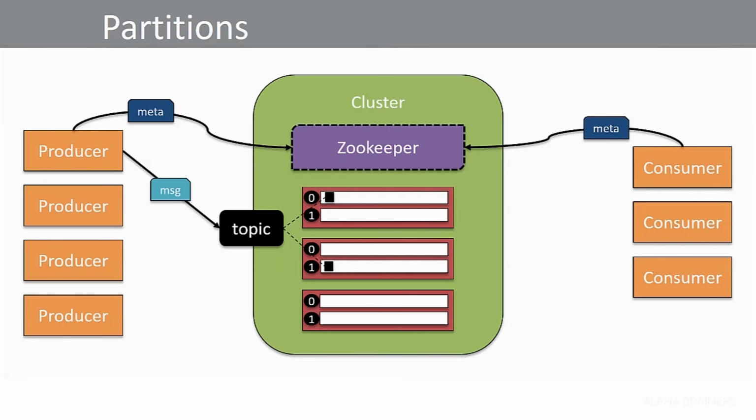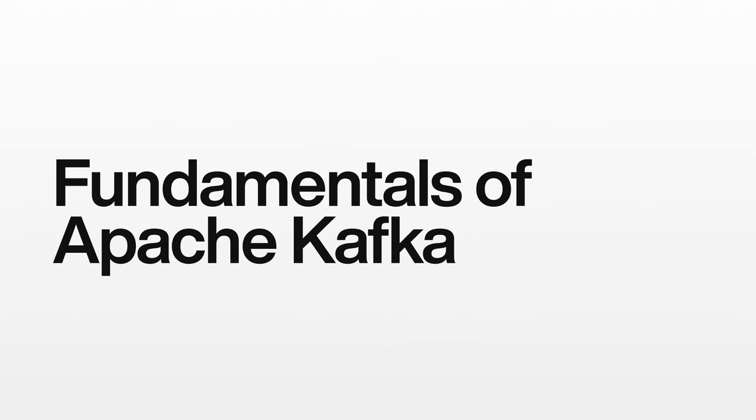And it's going to be up to Zookeeper to decide which message goes to which partition. There are several different approaches that we'll see as class continues on for how that can be determined. One way is a round-robin approach, in which one message goes to one partition, and then another partition, and then a third partition, and so forth.